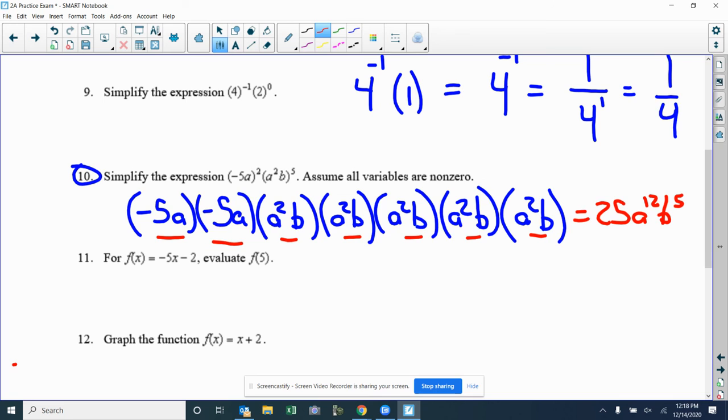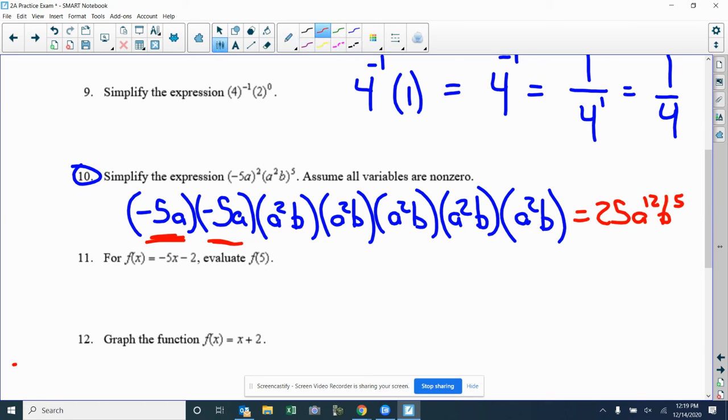Now there is a slicker, easier way, but that's the most surefire way for us. Expand out. Why did I write 2 of these? Because it's to the second power right here, right? Someone said 12/5 over a after 25a. That's a b. That's 12a, b to the 5th. Does everybody understand why I wrote 5 of these?